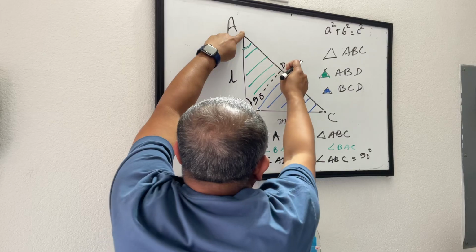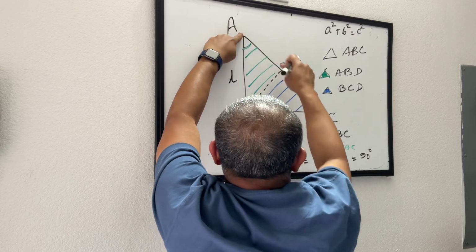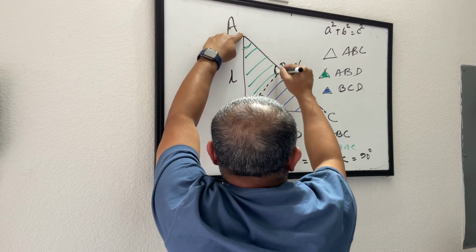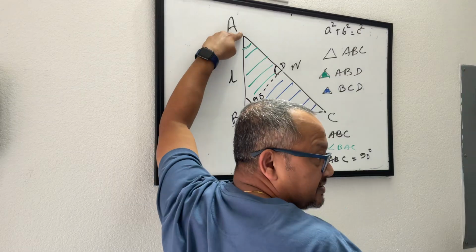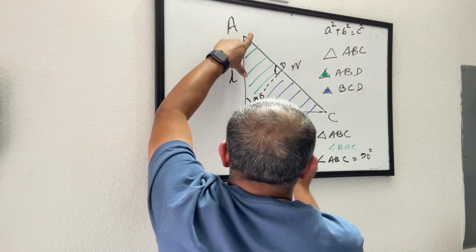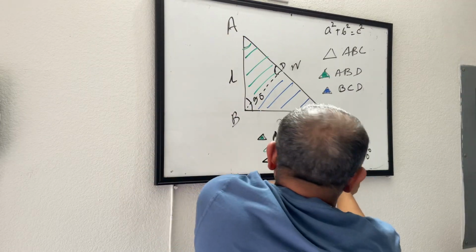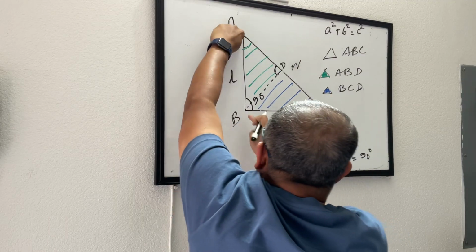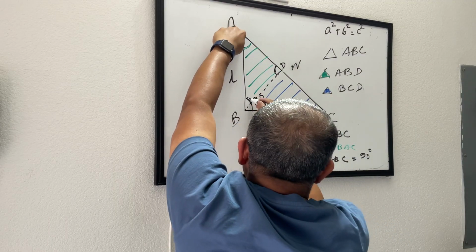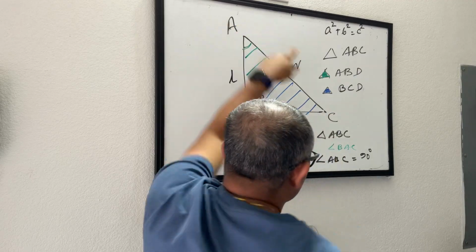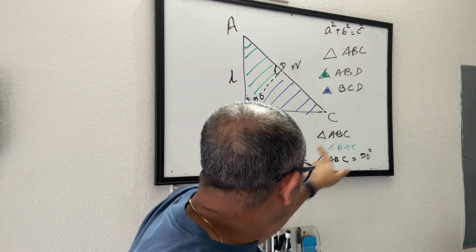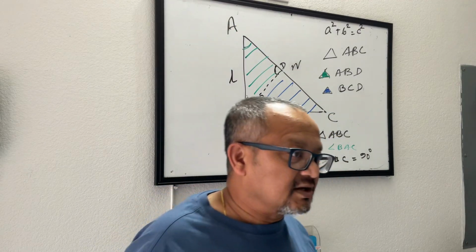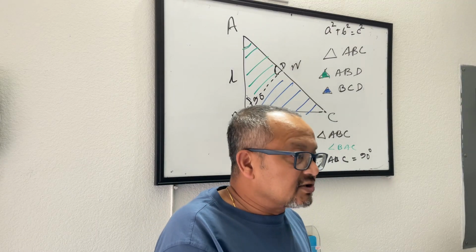I'm looking at the small triangle ADB. This angle is 90 degrees because I have dropped a perpendicular from here to here. And when I'm comparing this with the larger triangle ABC, this ABC is again 90 degrees because it's a right angle triangle. So between the two triangles, I have two angles which are matching. Does the third angle have a choice of not matching?